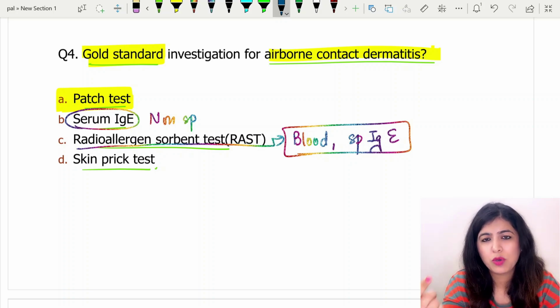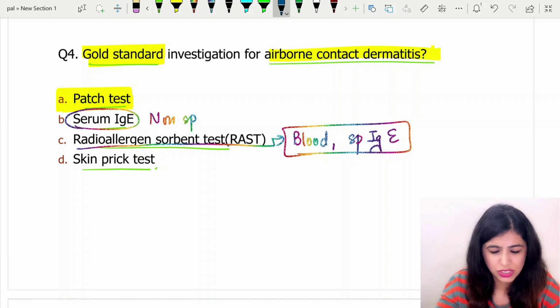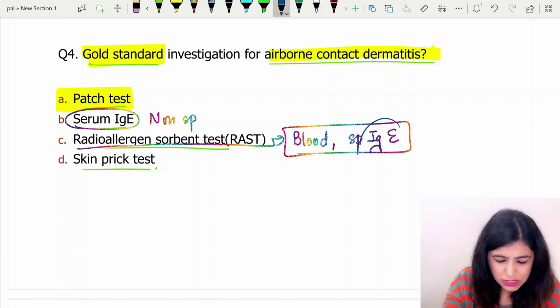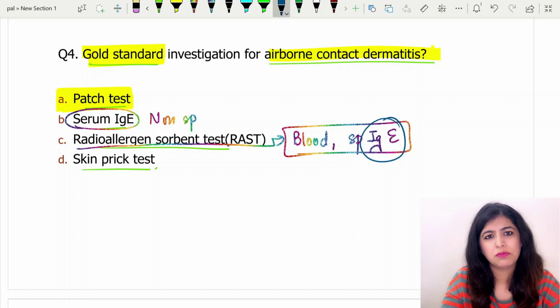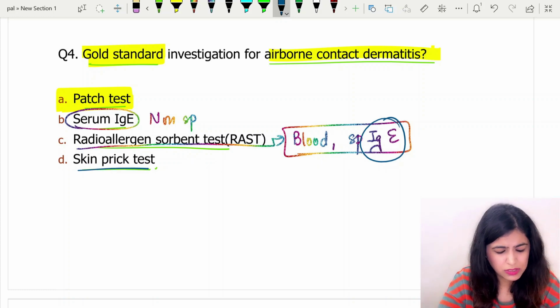Yes, it can help you pinpoint what you may be reacting to, but it can't tell us that this rash that you have is because of this IgE. So anything that's measuring the IgE cannot be a specific investigation. It can be used for screening, but not per se for diagnosis. Skin prick tests are good tests.